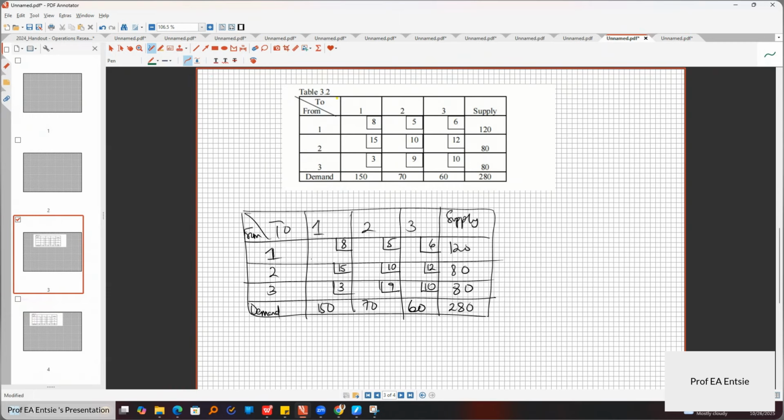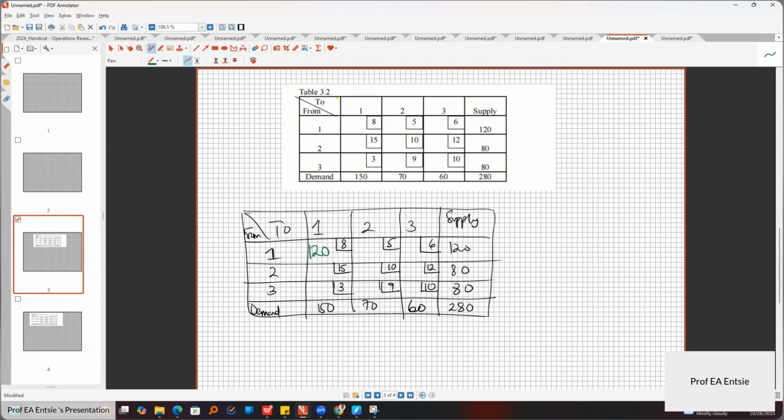So according to northwest, we place the highest here. I cannot exceed 120 because I would flout the row supply, but I can be within the 150 demand. So the highest I can go is 120.